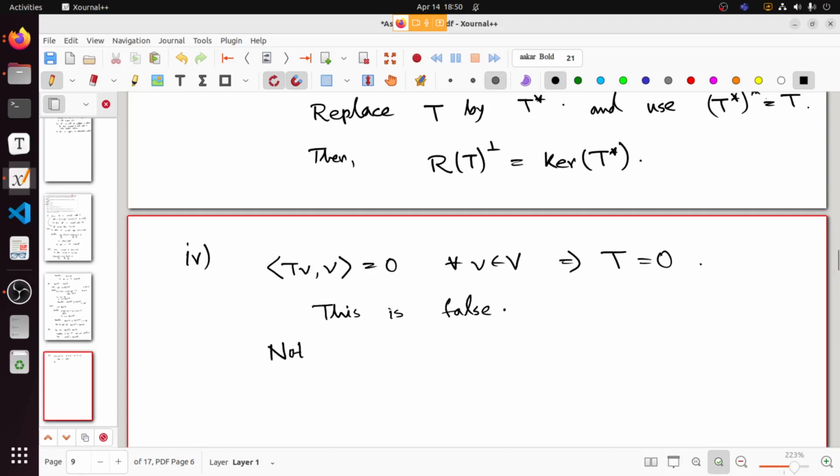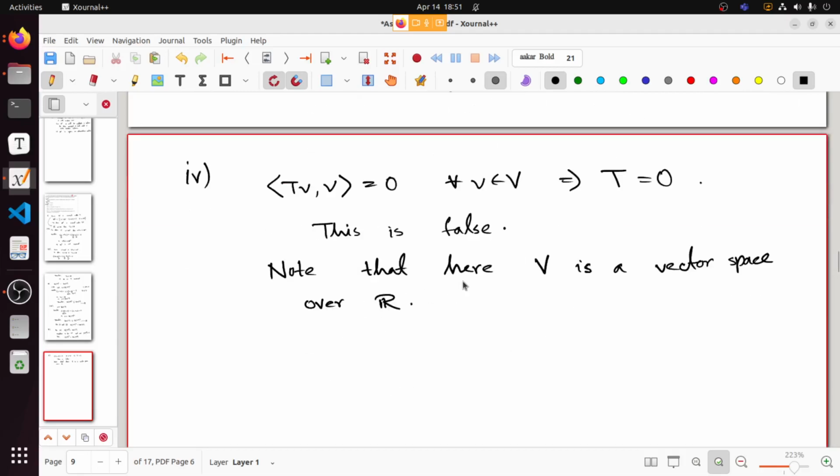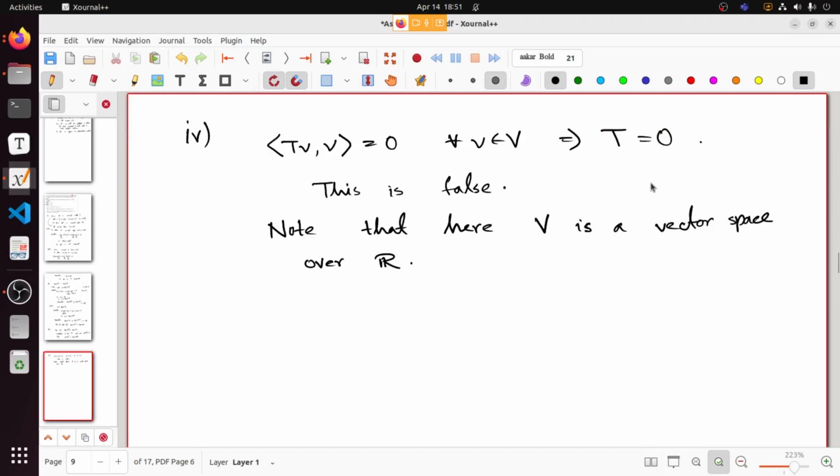Note that here V is a vector space over R, and this statement is true for a complex vector space. So let's give a counterexample, because this statement is false.